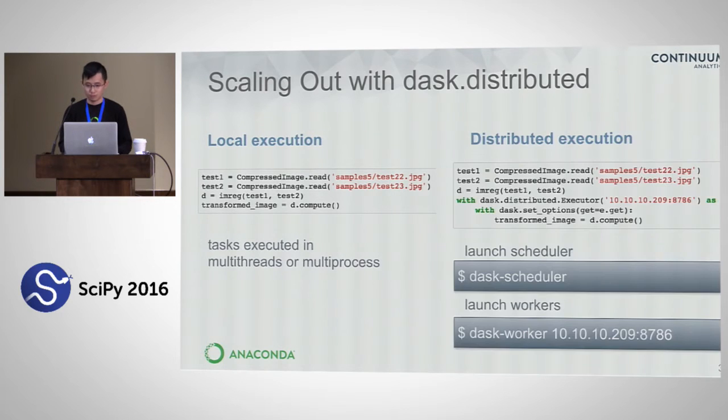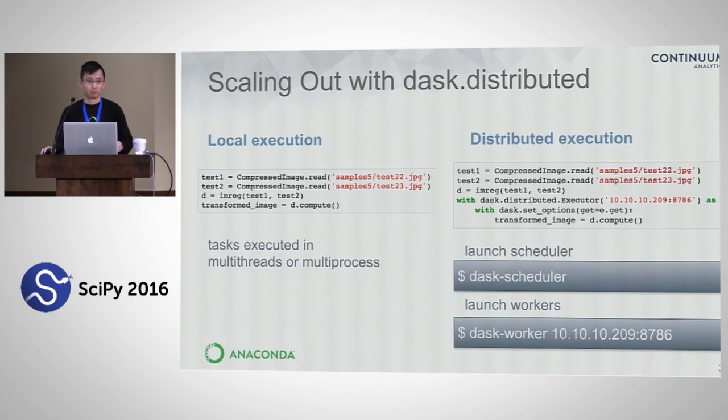Going remote, going distributed, you just add 2 lines. You use these 2 with contexts. The Dask distributed executor, you create one that establishes a connection to the scheduler. And then you tell Dask to set an option that does all the computation on my executor, on my scheduler that is specified.